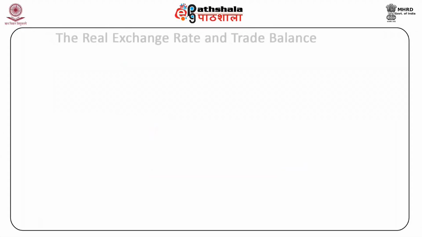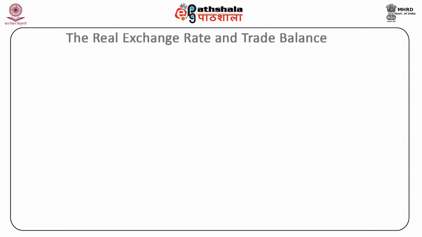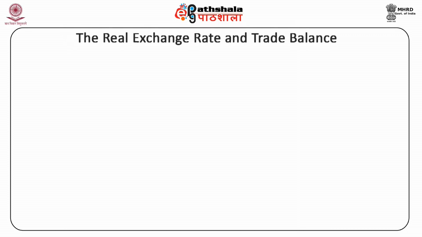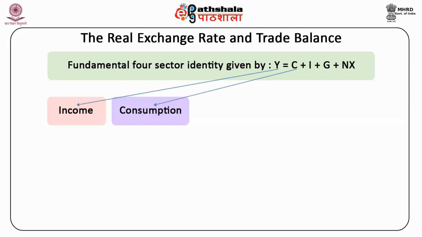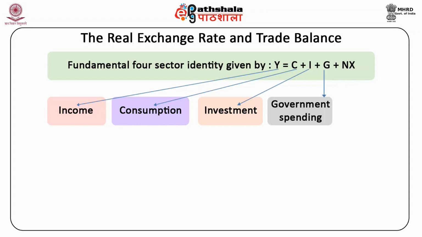Moving on to the discussion of the real exchange rate and trade balance. The fundamental four-sector identity is given by Y equals C plus I plus G plus NX, where Y refers to income, C refers to consumption, I refers to investment, G refers to government spending, and NX represents net exports.